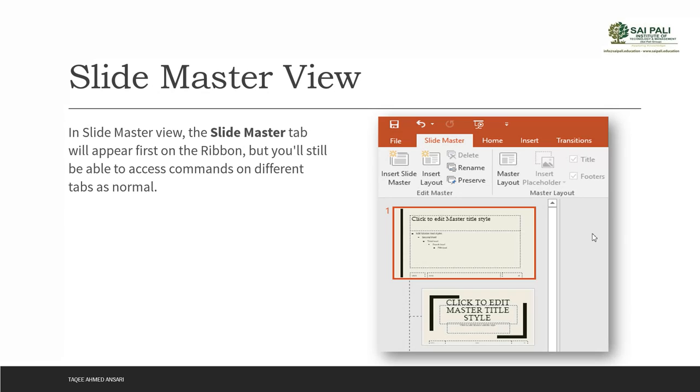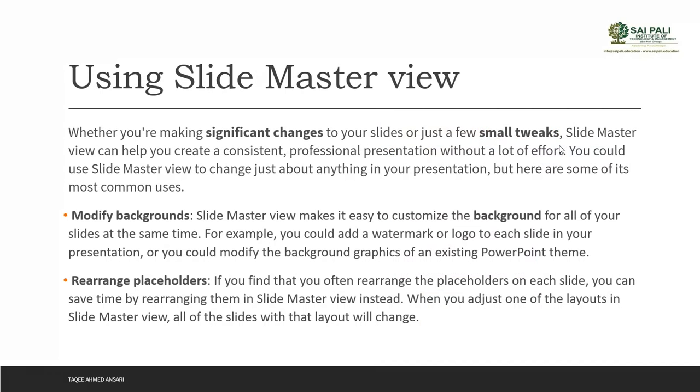Slide master view comes as a slide master tab. Once it is there, it is not like you cannot go to the other tabs. It is like a tab, so you can still go to other tabs and still use the commands from those other tabs.